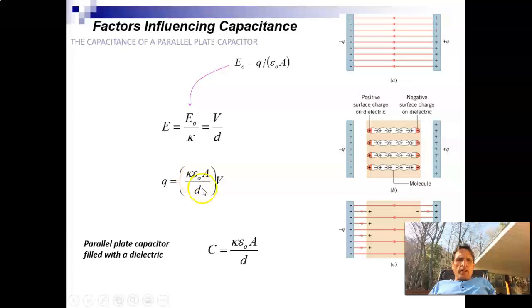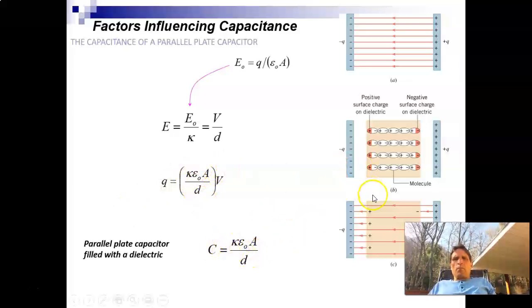And if you look here, it's exactly the same formula that we had for air, only it's multiplied by this dielectric constant, K. And so in other words, this capacitance can be much bigger if K is much bigger than 1.